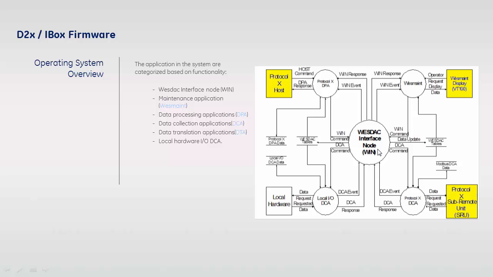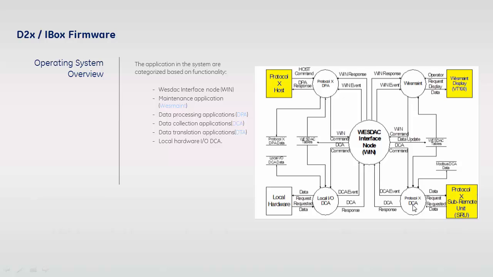The application B008 is responsible for concentrating all the points that come from a data collection application, or DCA. These DCAs are applications that would communicate with field devices. For example, if we've got a Modbus DCA, it's communicating to a field Modbus device.